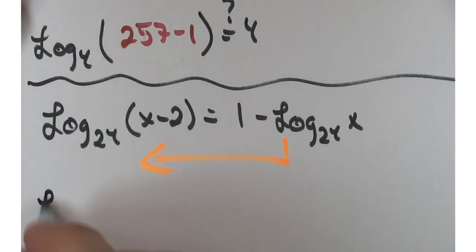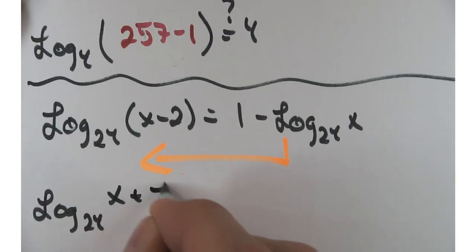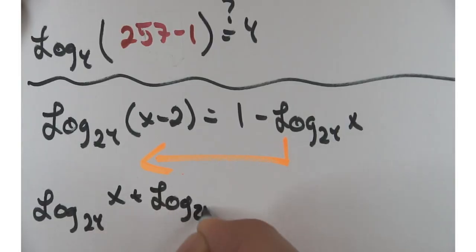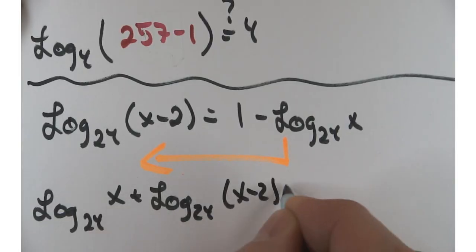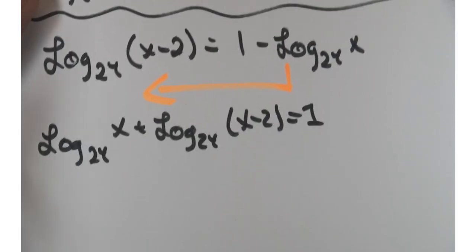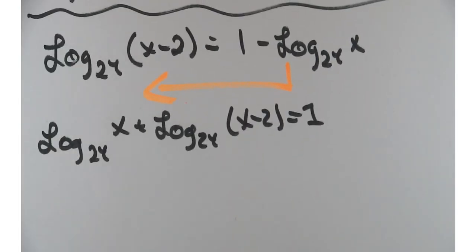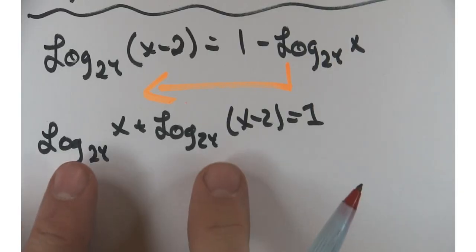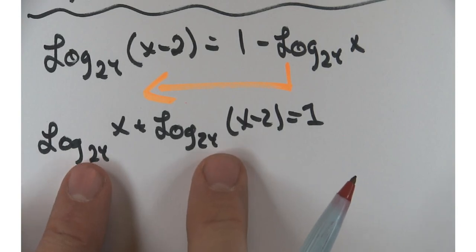So it's going to be log base 24 of x plus log base 24 of x minus 2 equals 1.